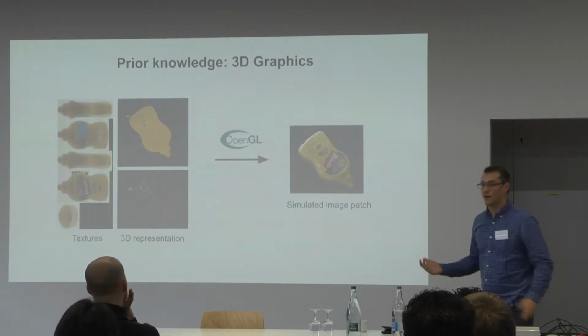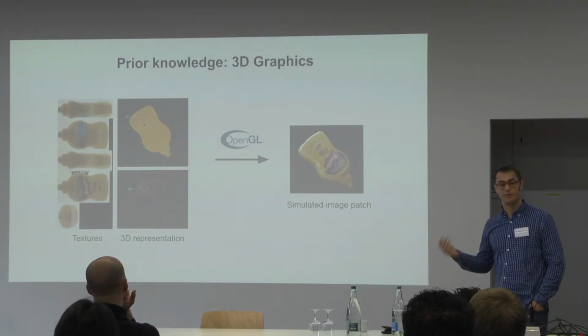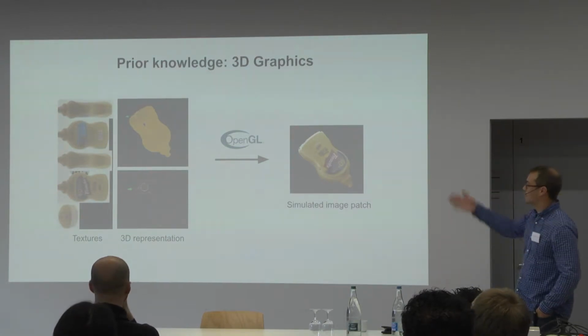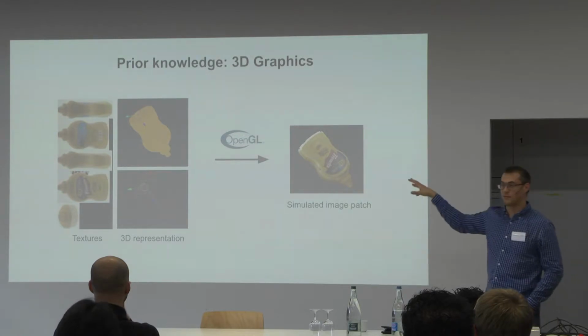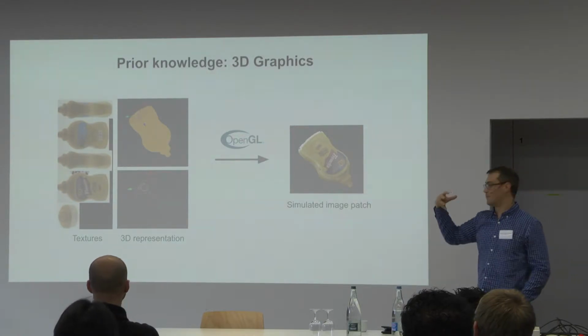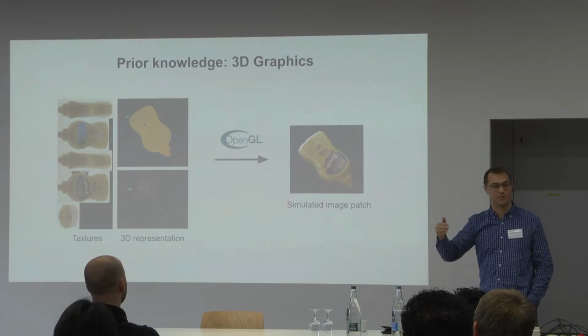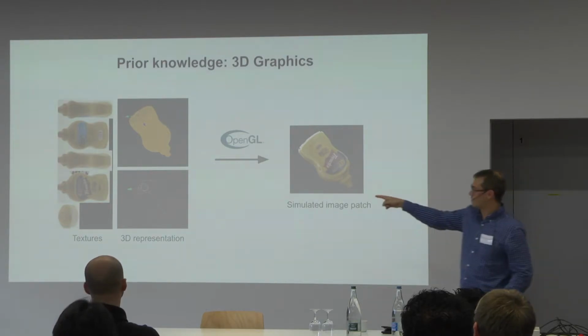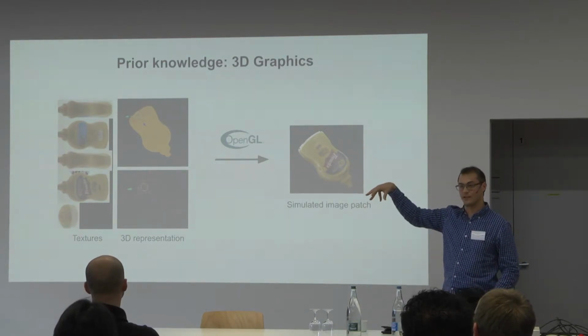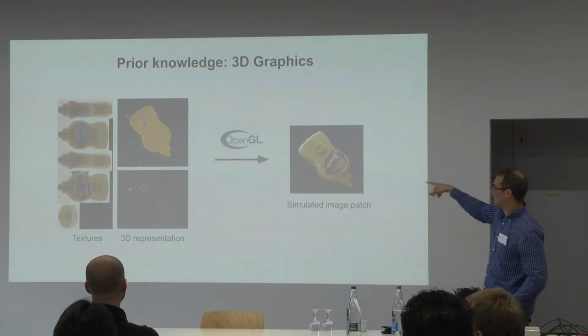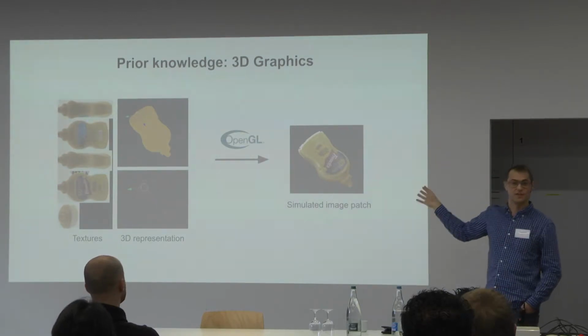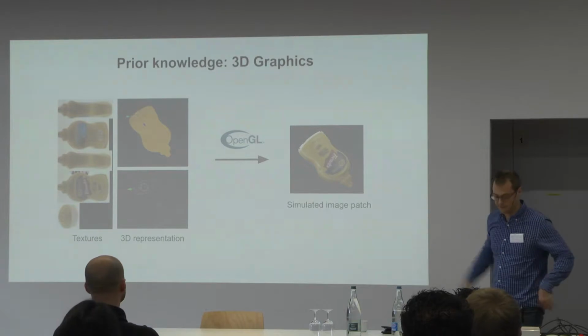Well, we have some prior knowledge about how images are formed. So suppose we actually had a three-dimensional mesh model of that mustard bottle, and we had a texture for it. Then we could take any proposed pose that the algorithm gave us and render what the image should look like, or what that object should look like from that perspective.